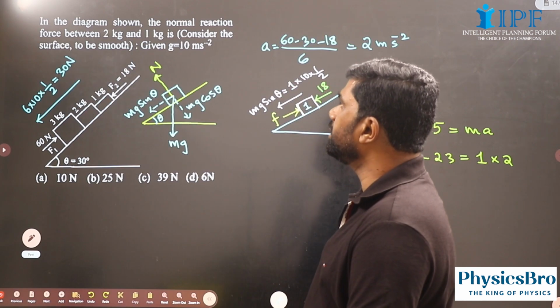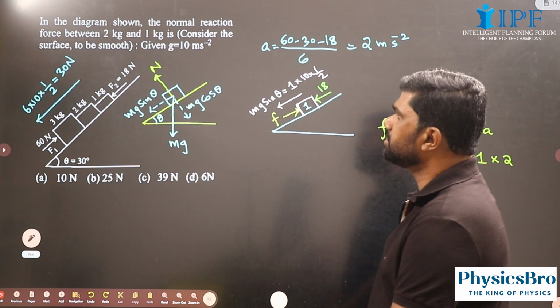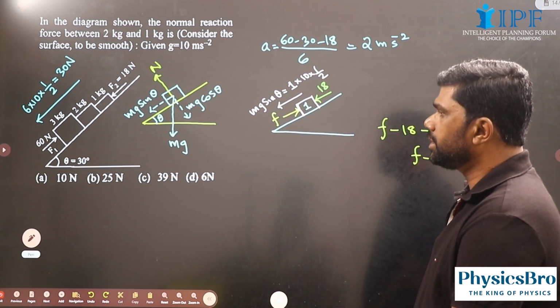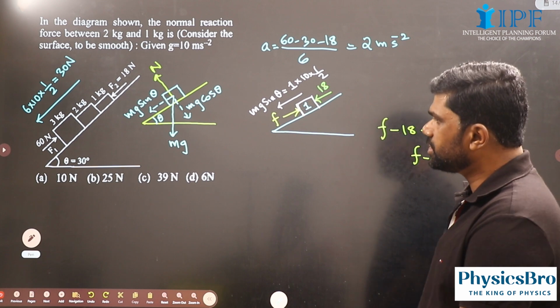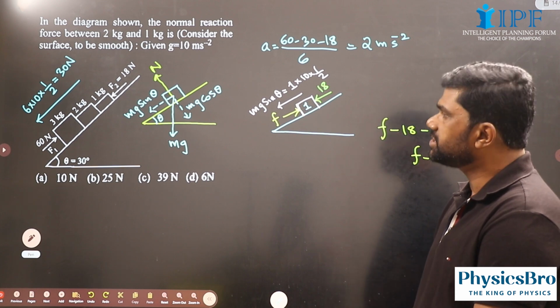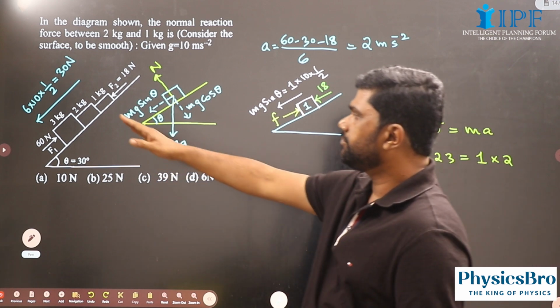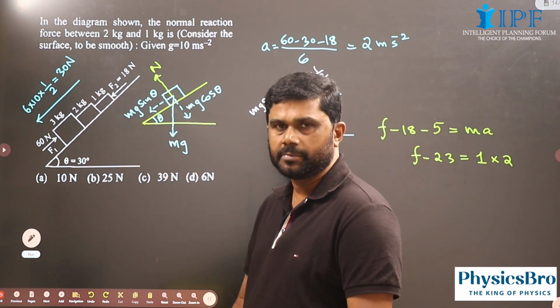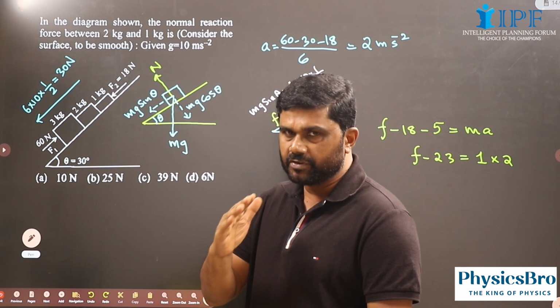Okay. In the diagram shown, what is the normal reaction force between 2 kilogram and 1 kilogram? See, all the surfaces are assumed to be frictionless. Here we have 3 kilogram, 2 kilogram and 1 kilogram. So the total will be 6 kilogram and its weight will be acting.